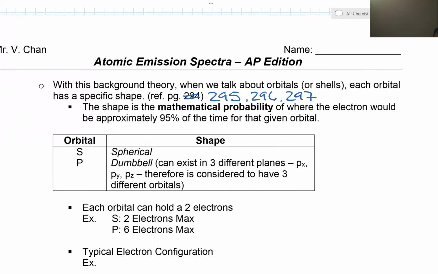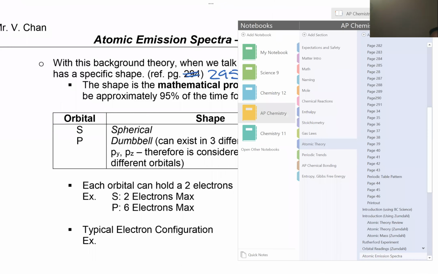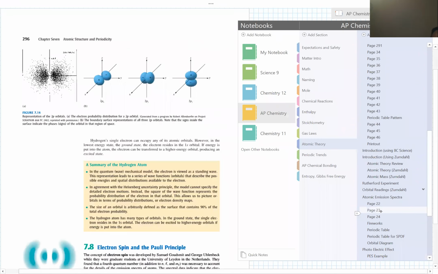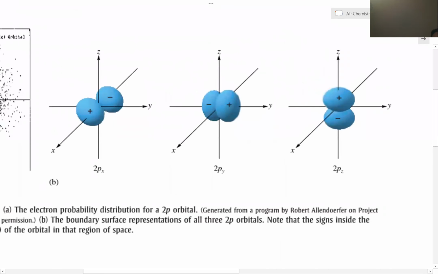Okay, so when we say the orbital is S, that means it's spherical. P means that it is dumbbell, and the dumbbell can exist in 3 different planes: px, py, and pz. If you take a look on page 296, you will notice the px, py, pz.